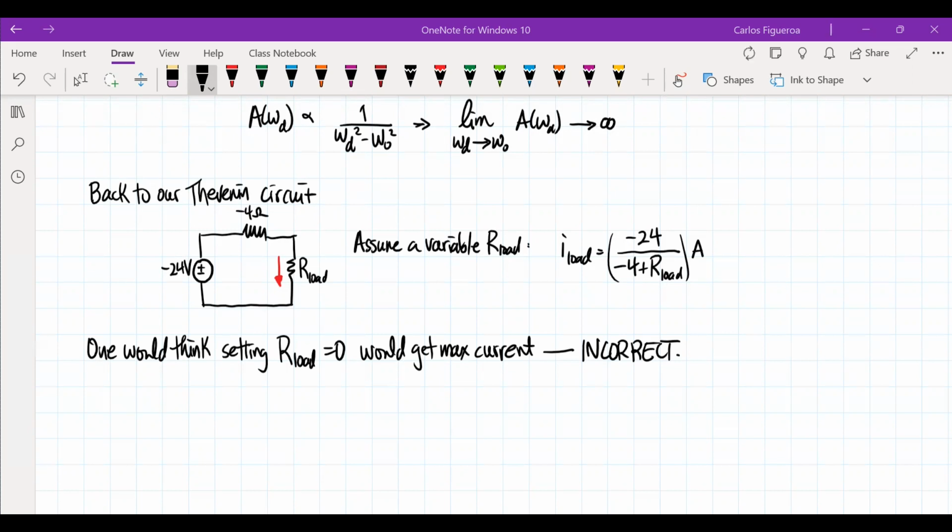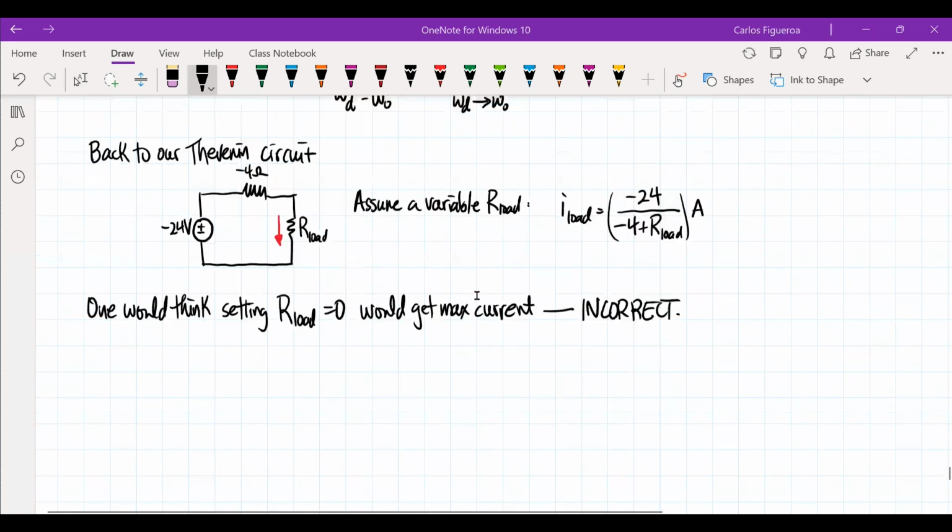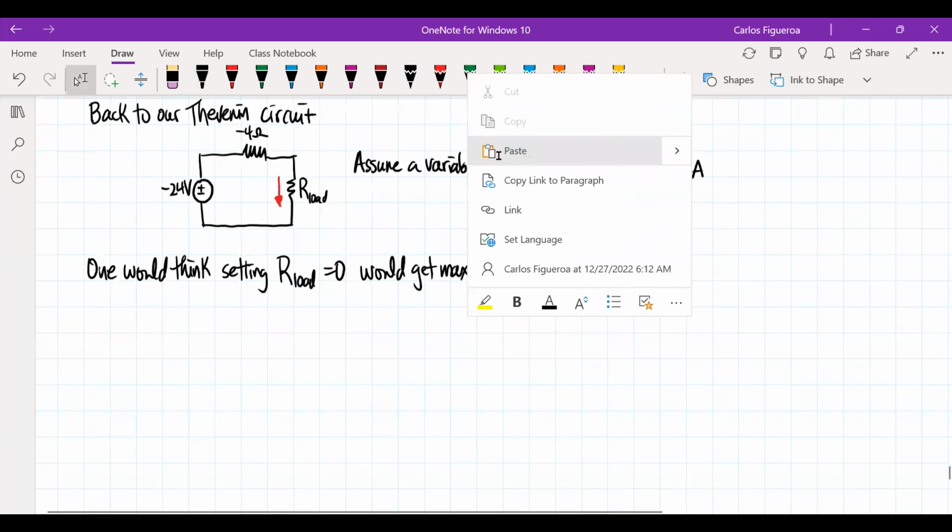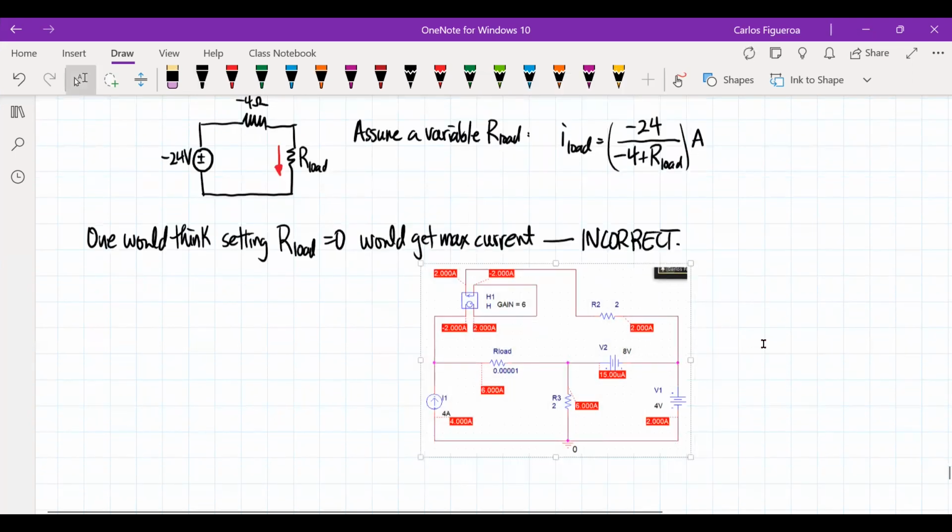Let me grab this guy right here. And if I PSpiced it, look what happens here. I can't set the load resistance to 0, so I set it to a very, very small value. And you can see that I load, when it's equal to 0, is then going to be minus 24 divided by minus 4 plus 0.